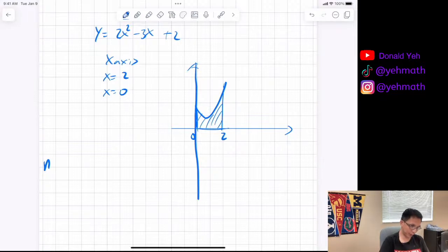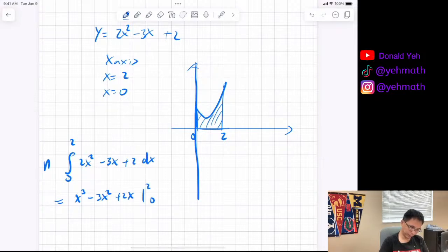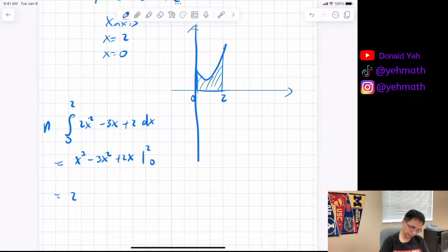So it's pretty much the integral from 0 to 2. Wait, Mitchell, yeah? Whoa. 3x to the 3 over 2 over 3.